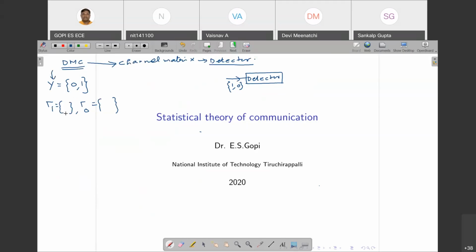So in this case, we have these two sets gamma 1 and gamma naught. How to do this partition? We have 4 combinations here. This is gamma naught in this, and this is again, let me write, gamma 1 and then gamma naught, and we have this gamma 1 and then gamma naught.